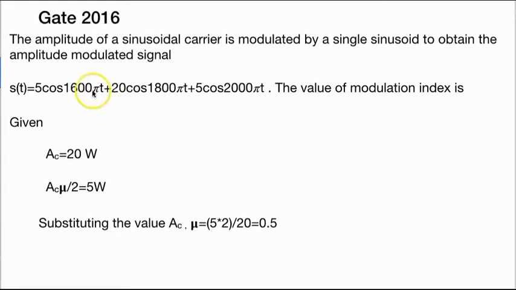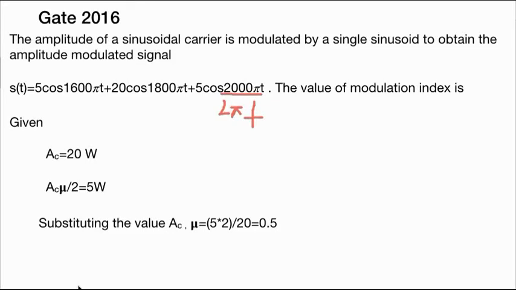Moving forward, S(t) is an AM signal, like a modulated signal, having 3 frequency components at 1800, 1600 and 2000. If we divide these by 2 pi, f will be equal to 1000 in this case, 900 in this case, and 800 in this case.